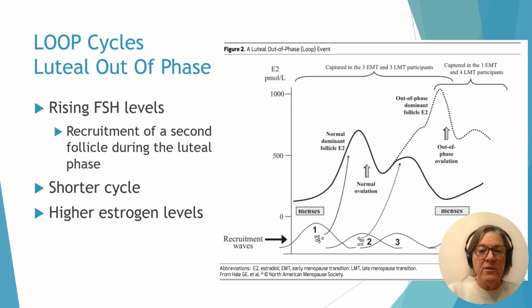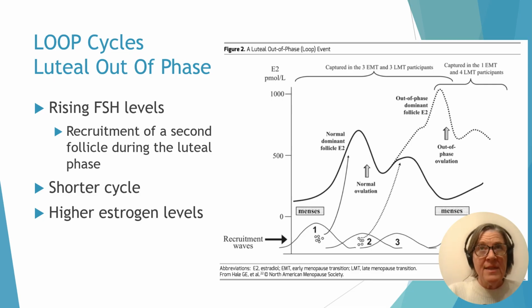So a loop cycle, this is the classic diagram of a loop cycle. And remember that we're in an atmosphere of rising FSH levels. So what you'll see is if you look at the bottom of this diagram, you'll see the number 1. That's the initial recruitment wave of a group of follicles recruited by that FSH elevation. And these follicles then will start to secrete estrogen. So the estrogen levels go up, as is indicated by that bold line.